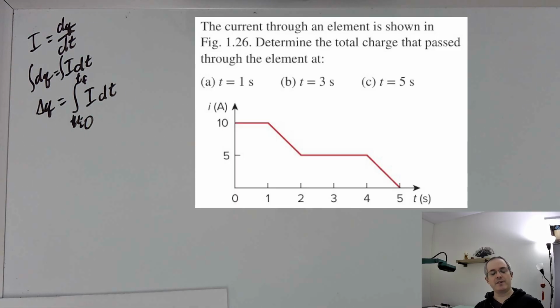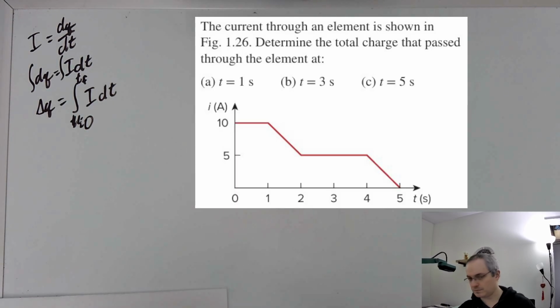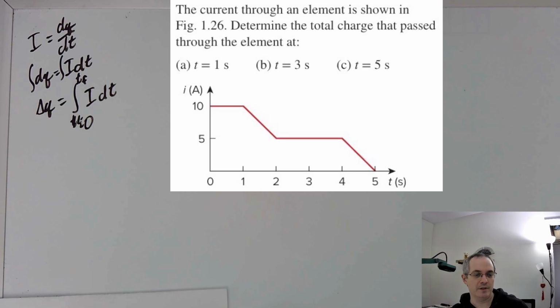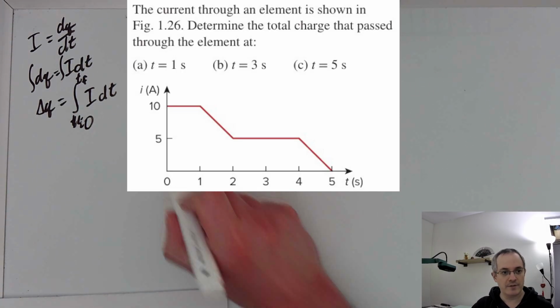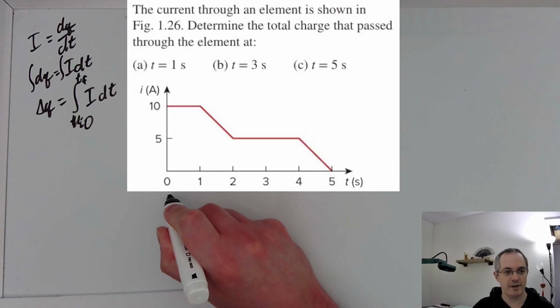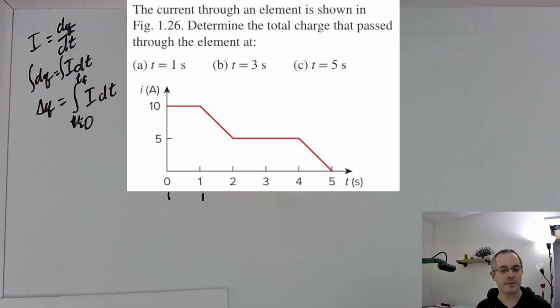The graphical interpretation of the integral is just the area under the curve. So all we have to do is say, what is the area from here to here?